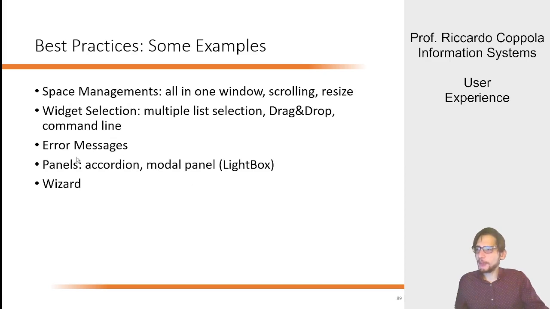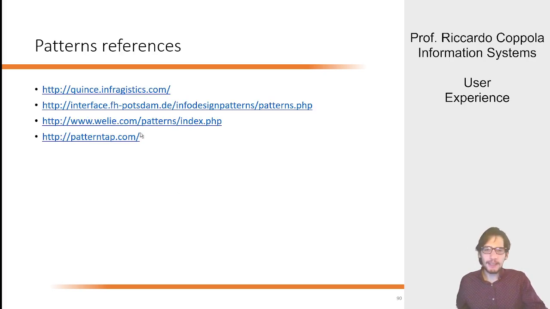And using wizards, for instance, to help the users understand the features, using error messages, and so on and so forth. All these patterns are well documented in the user experience literature.